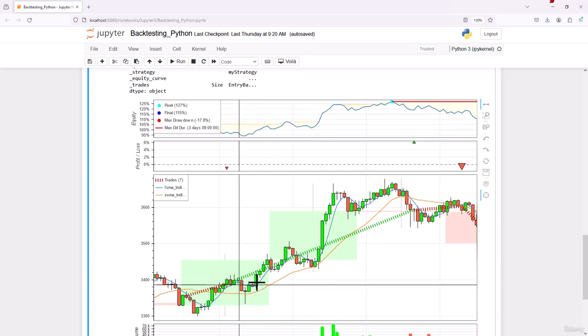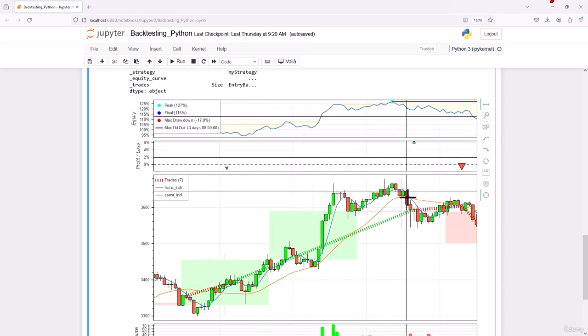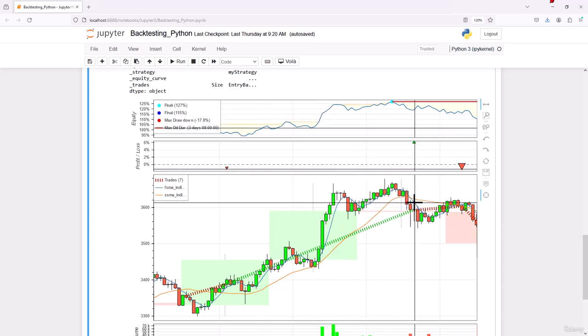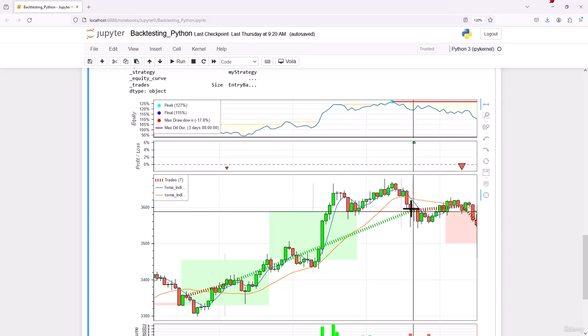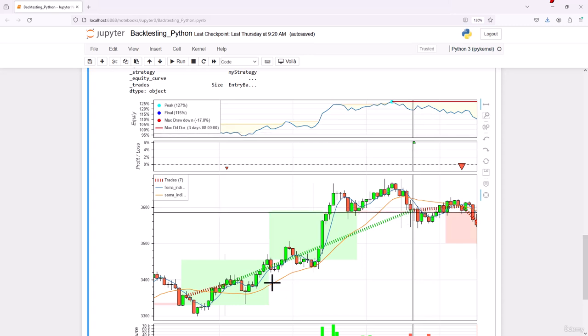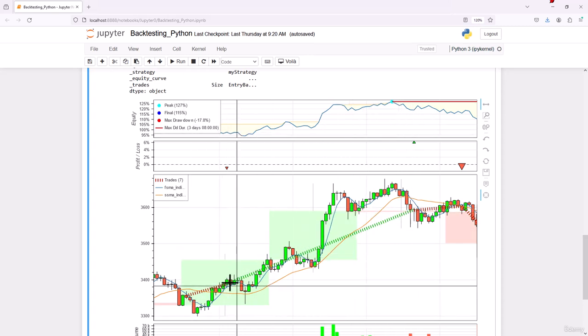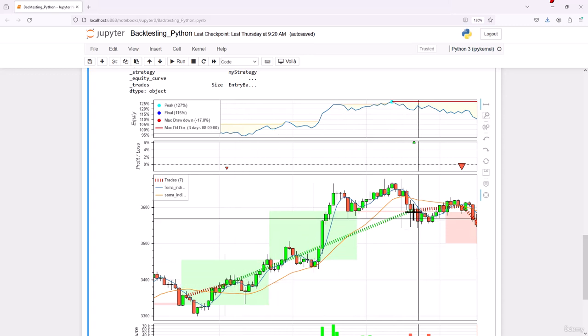In fact, as long as no sell crossover occurs, according to the strategy, this trade remains open. Right when we have a new crossover, the trade is closed. Excellent. This buy trade here has given us a good profit.